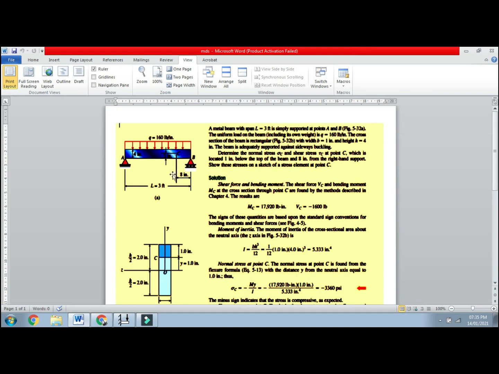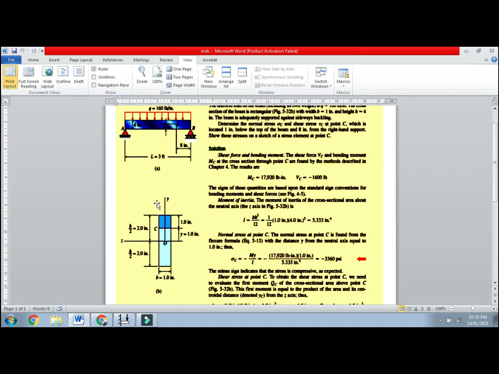These are the cross-sectional details, 4 inches by 1 inch. This is b and this is the height h. So the centroid will be at about 2 inches from the top, and 2 inches if you move up from the bottom.